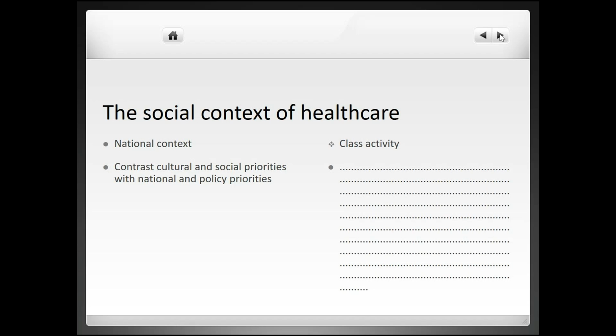Let's look at the contents of other countries and compare. Look at the issue of culture in the UK. Look at that of any country of your choice. Do a bit of research. Look at their national policy priorities. What is high on the agenda?